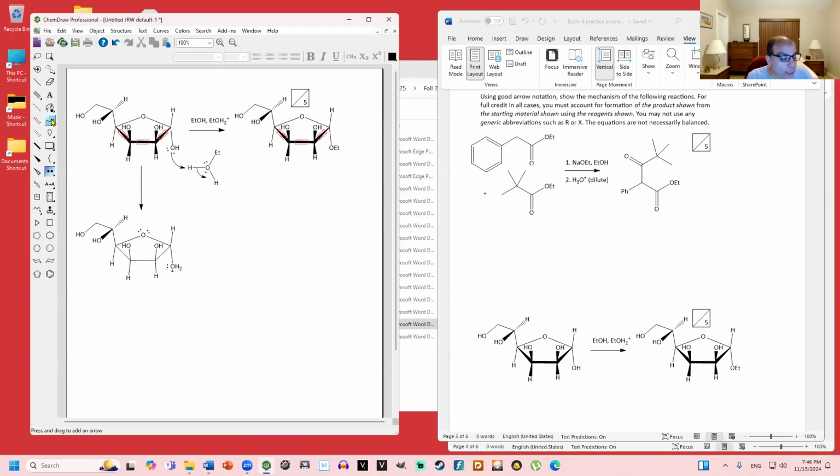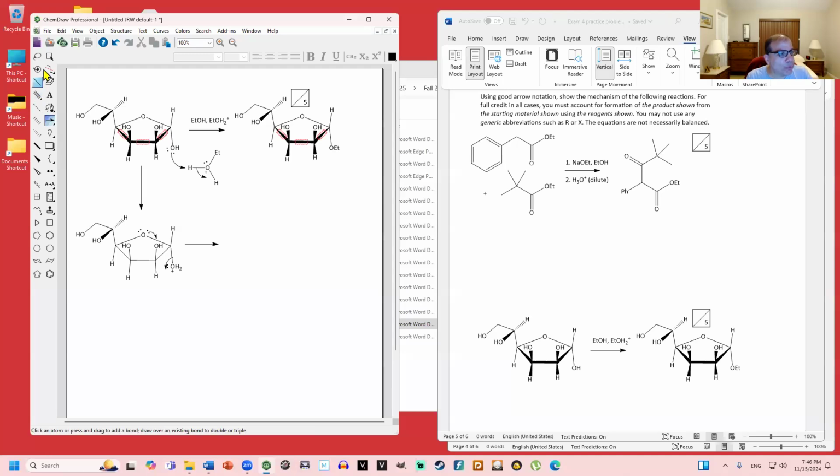And then we can lose a molecule of water, the oxygen that's in the ring. In class, we had a 6-membered ring. This is a 5-membered ring, but the very same thing happens, whether it's a 5-membered ring or a 6-membered ring. At least I think we had a 6-membered ring.